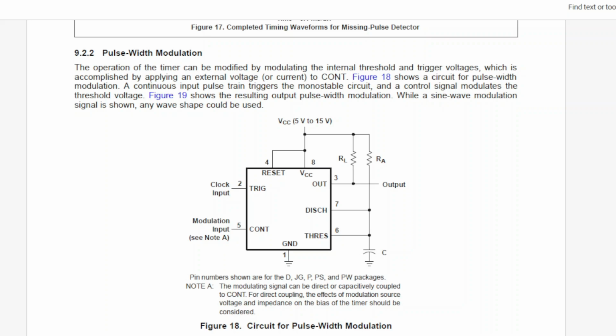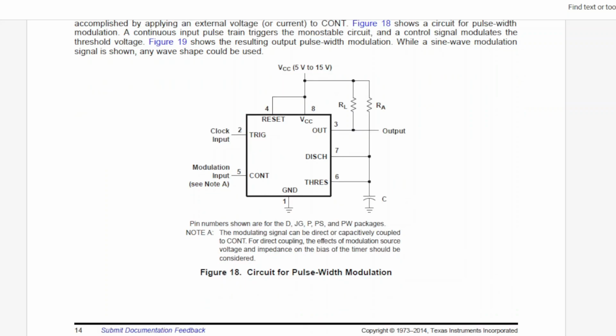And here you can see they have a timing network here, and then they have a modulation input onto this cont control, and by changing the voltage on here you can change the way this bit works in a kind of pulse width modulated way.